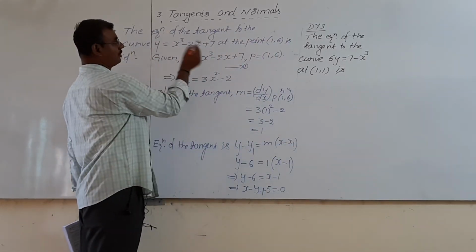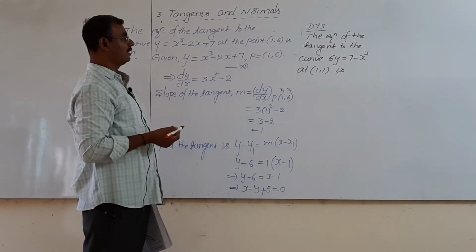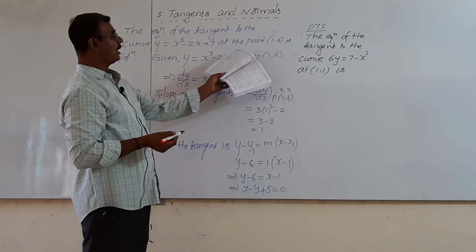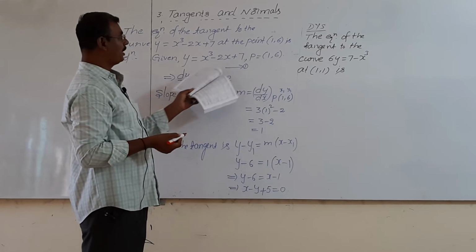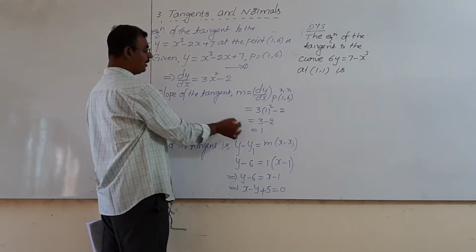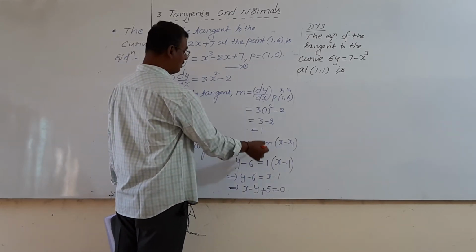Same model question, so do it yourself, this is the homework. What to do here? Take the curve and point, find the differentiation with respect to x, find the slope of the tangent, next the equation of the tangent.